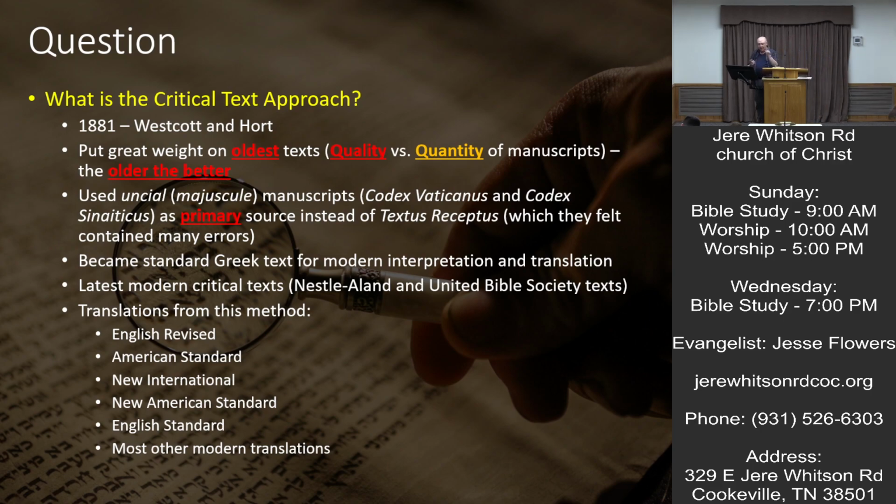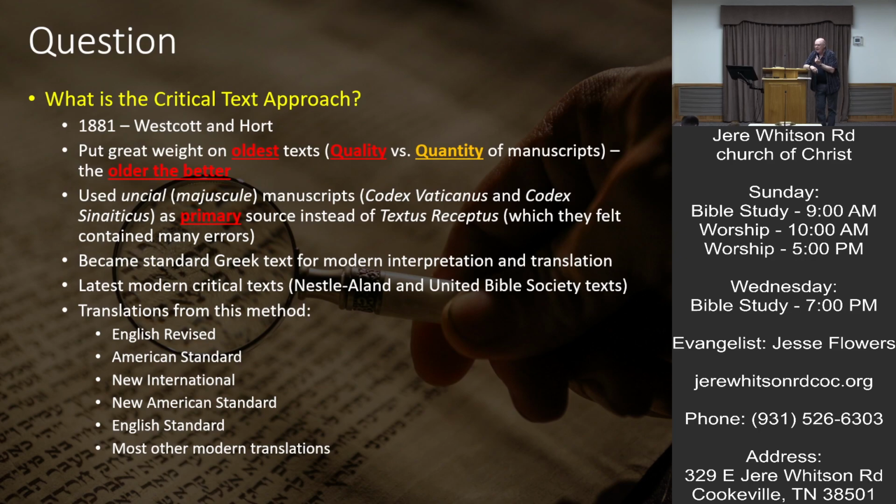And so they went in and looked for only the uncial and the majuscule texts. They went to the Codex Vaticanus and the Codex Sinaiticus as their primary sources. And they looked at the Textus Receptus and said, too many mistakes, too many errors in there.